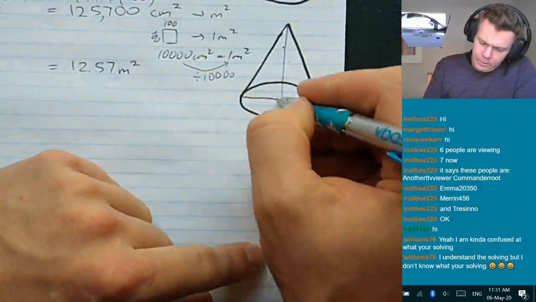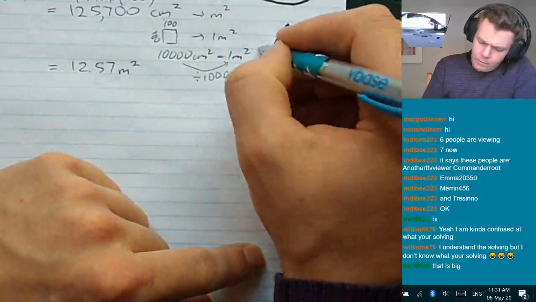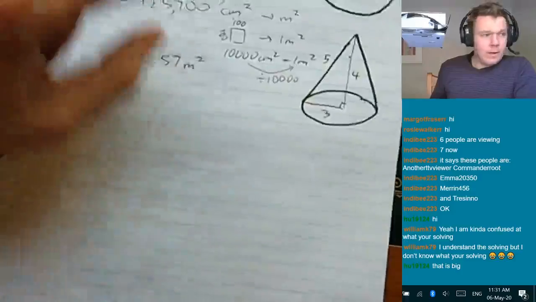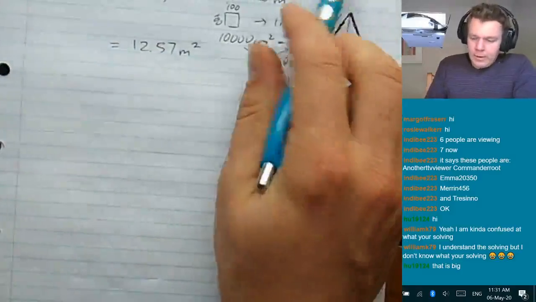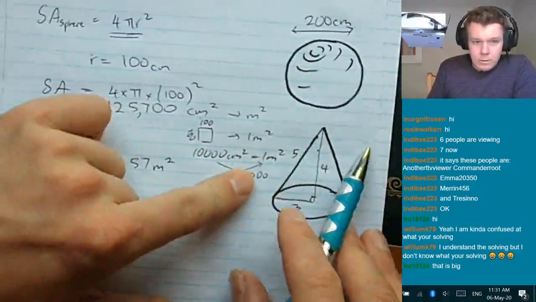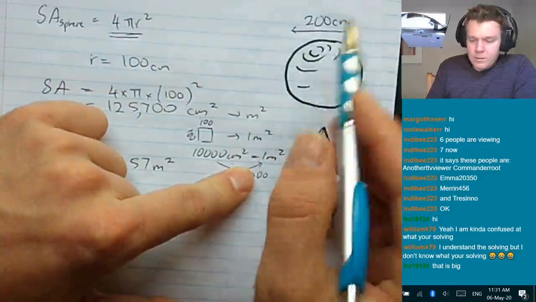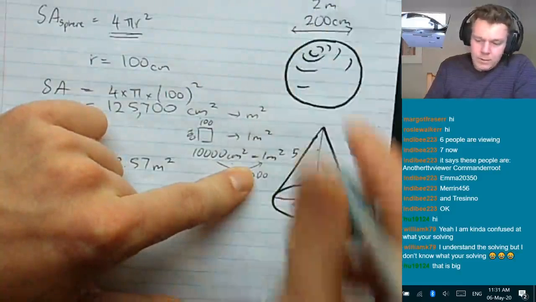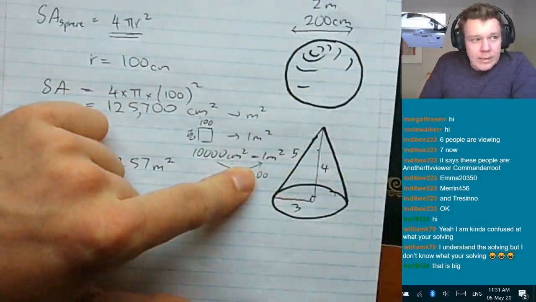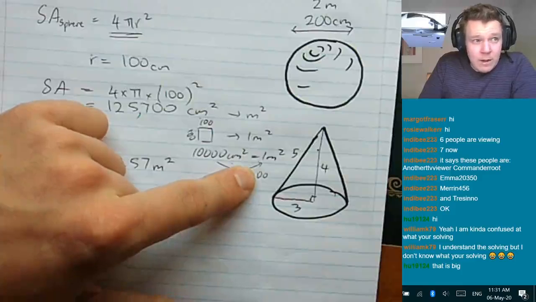Alright, for this one I might use a 3, 4, 5 triangle. If you think about it, this is a pretty big ball. A ball that's 2 meters in diameter, that's the height of a doorway.